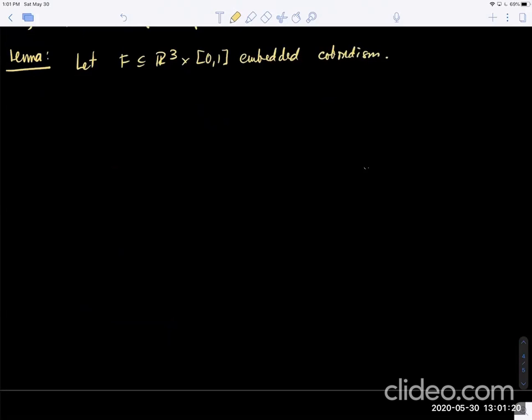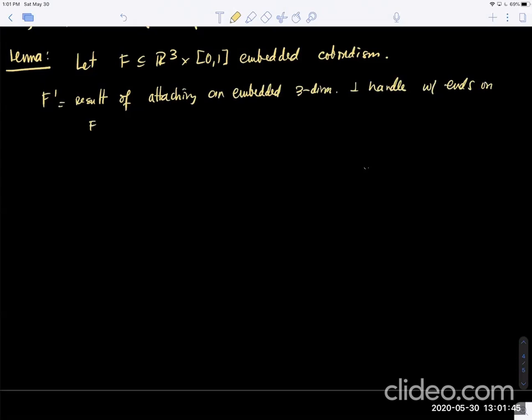In particular, we're going to denote by F prime the result of attaching an embedded three-dimensional one handle with ends on F. If you want to think of F as something like this, which is a terrible drawing, we're really just attaching a handle onto it.